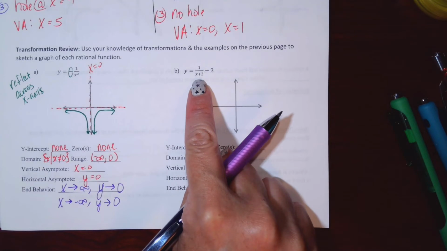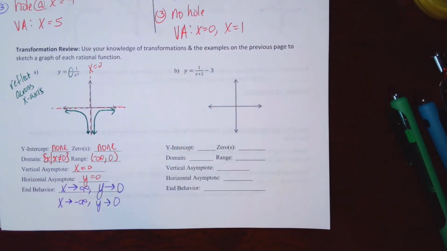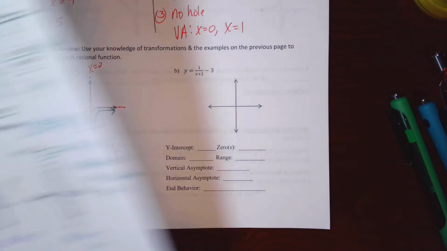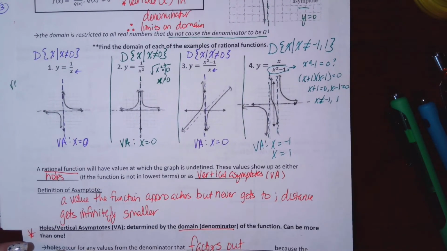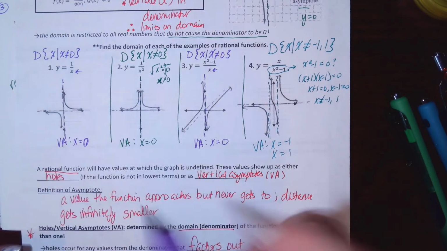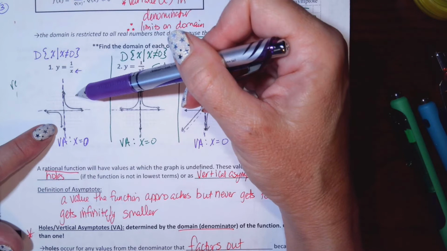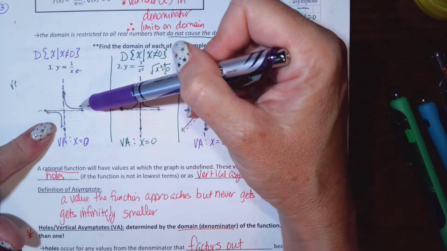All right, one more. 1 over x plus 2, and then I've got a minus 3 out here. So let's look and see what we can use from our pattern of transformations from our first page. Which one of these equations can we use? Well, it's not squared, so let's do this one, 1 over x. If I use 1 over x as my parent function, I've got one side up, one side down. Left side's low, right side's high.